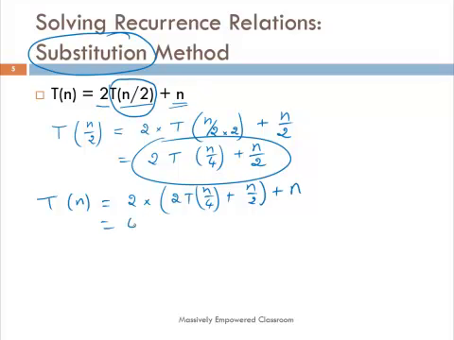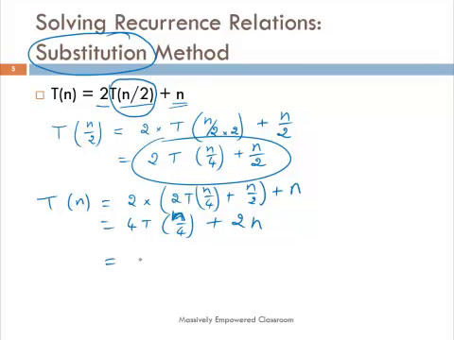That is nothing but 4t n by 4 plus n plus n, that is 2n. How did I get that? 2 times n by 2 is 1n. There was another n already. Now, how do I know what is t of n by 4? I substitute n by 4 in the original formula. I get the expansion for t of n by 4, and I plug this in here.